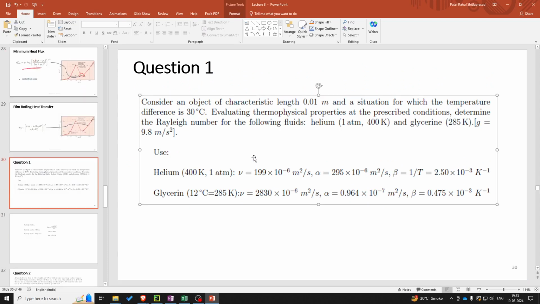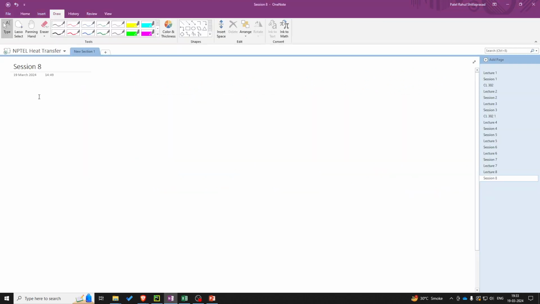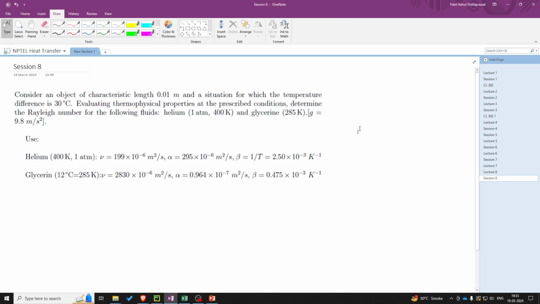This is a very straightforward question whereby you just have to use the formula for the Rayleigh number. We write it as g beta delta T L cube upon mu alpha.